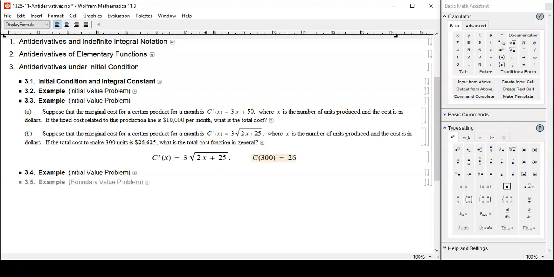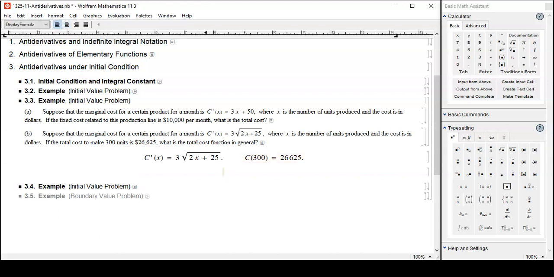And that's 26,625. So from here we have to find out the total cost function. How do I do that? Well, it's an antiderivative computation, so you have to take the antiderivative of this. Sorry about the typo.